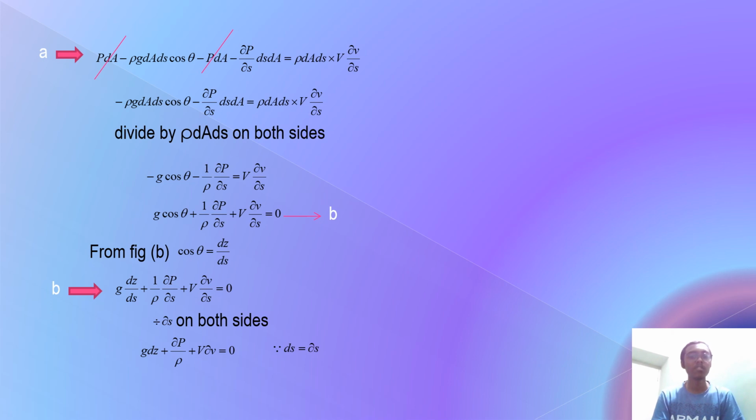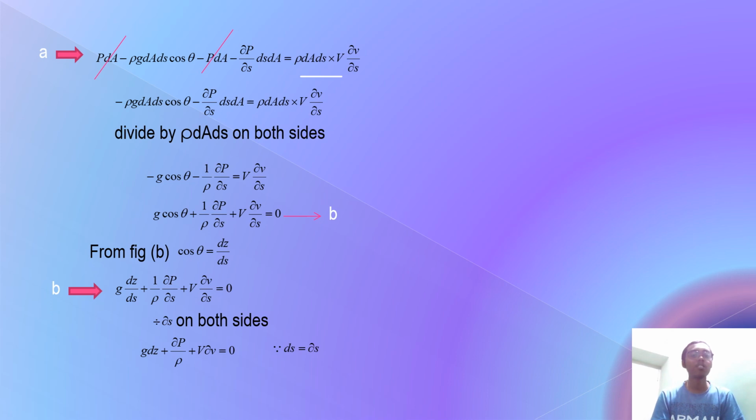Equation 1 becomes PdA minus rho g dA ds cos theta minus PdA minus del P by del S ds into dA is equal to rho dA ds into V into del V by del S. Here PdA and PdA will be cancelled.